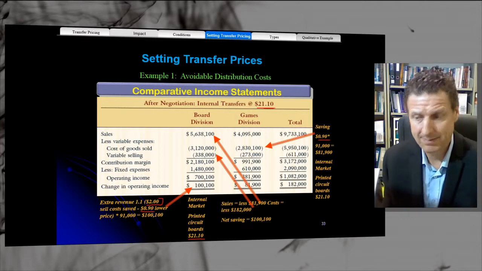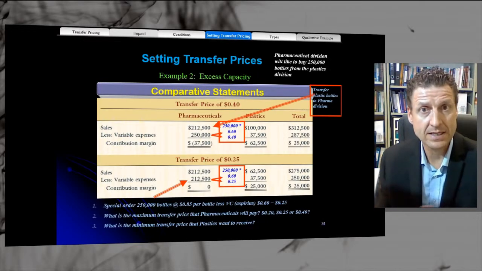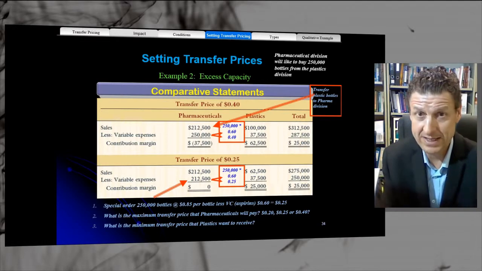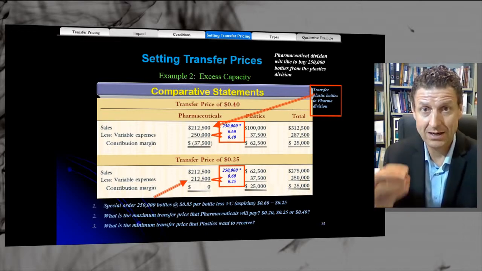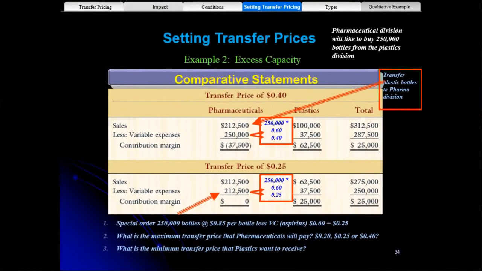In the next example, we're going to look at excess capacity. What if we have excess capacity? The previous example said we didn't have excess capacity, so the actual minimum transfer price is the variable cost plus lost contribution margin. That was $12 plus the $8. Now we have excess capacity.